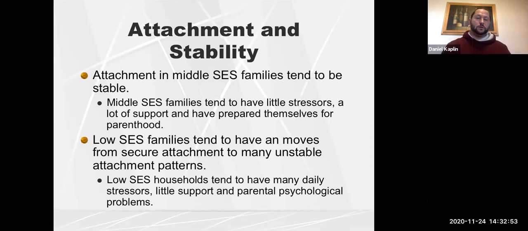Whereas in lower income families, they tend to move from a secure attachment to many unstable attachment patterns. So there's far less stability in lower income households in terms of attachment.